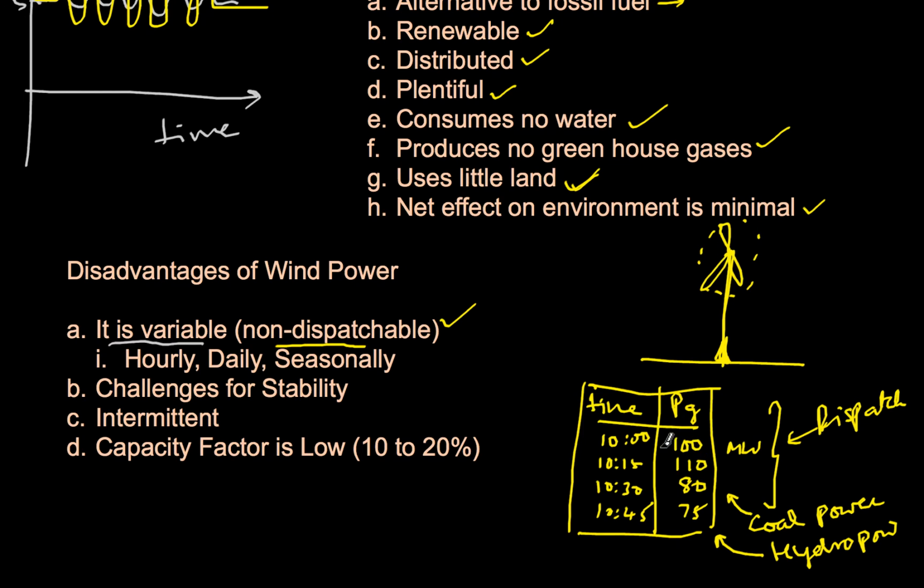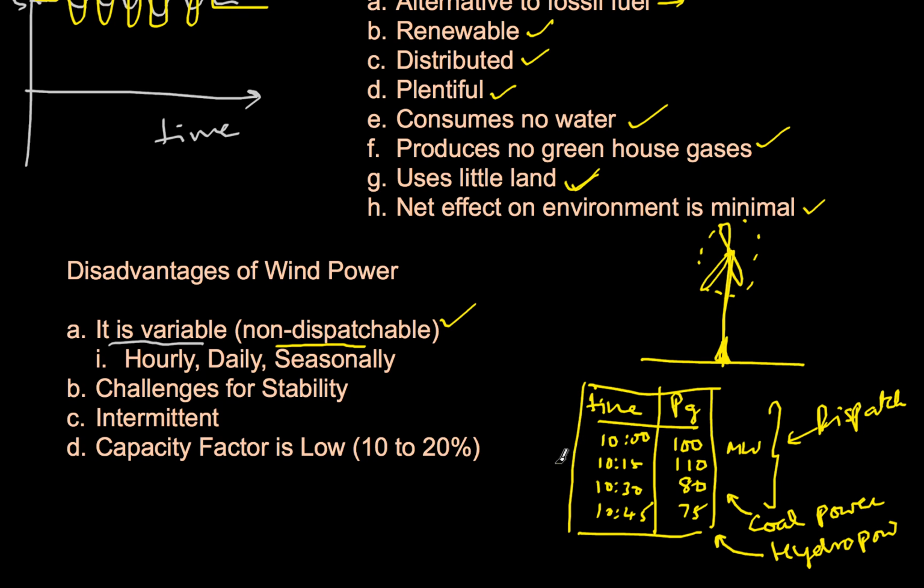What is the meaning? Meaning is I cannot tell beforehand what is going to be the power generation. At 10 o'clock, I don't know. At 10:15, I don't know. 10:30, 10:45, I don't know how much power is going to be generated at any time. And as we just now discussed, it depends on the wind velocity.